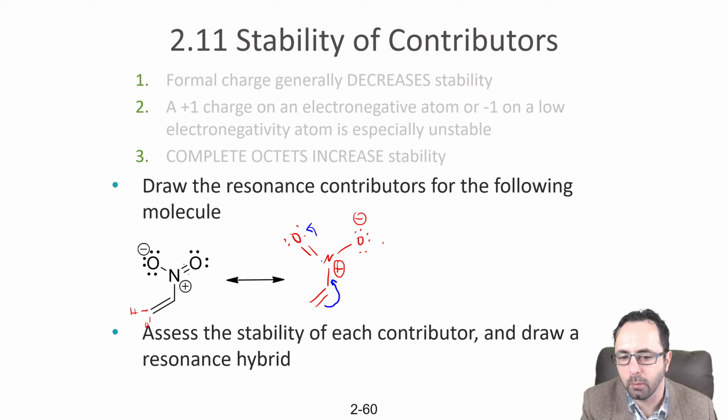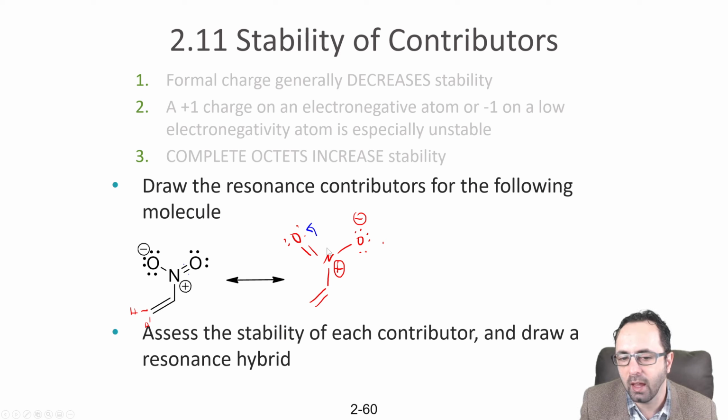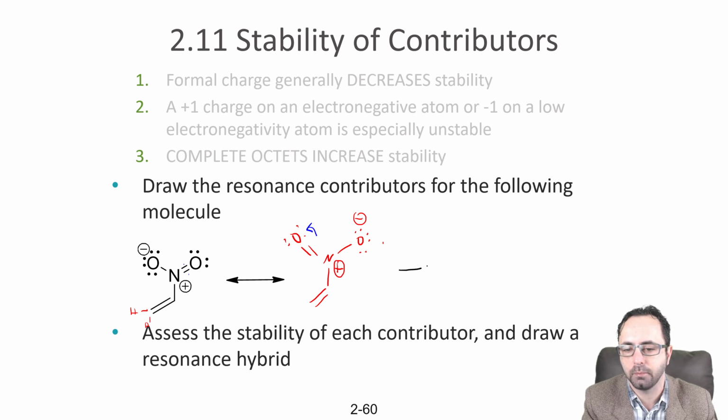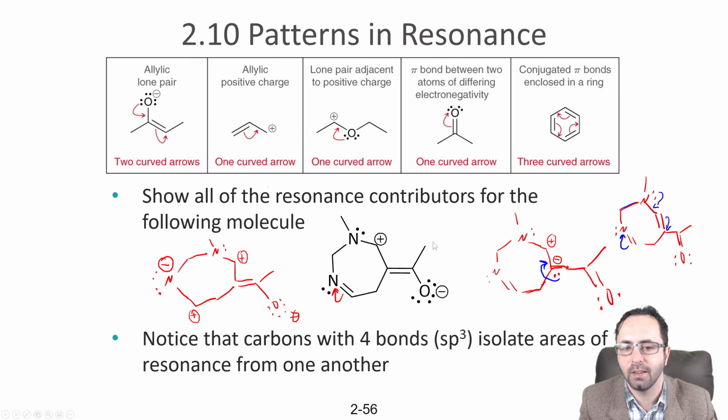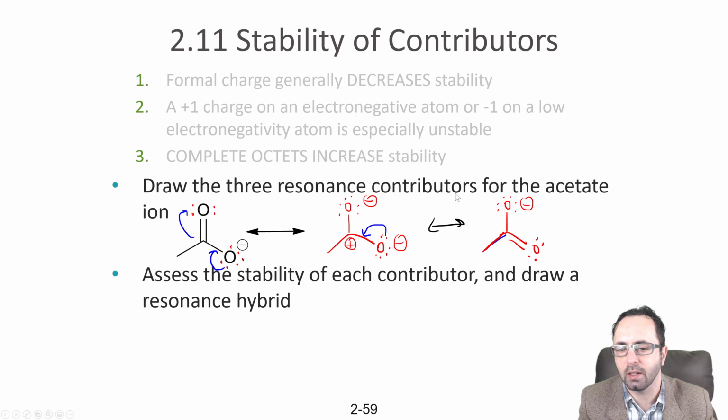Or the other possibility, just to state this better in terms of your 3 rules: here we have a pi bond attached to an electronegative atom. Going back a little bit, it's number 4, pi bond between 2 atoms of differing electronegativity.